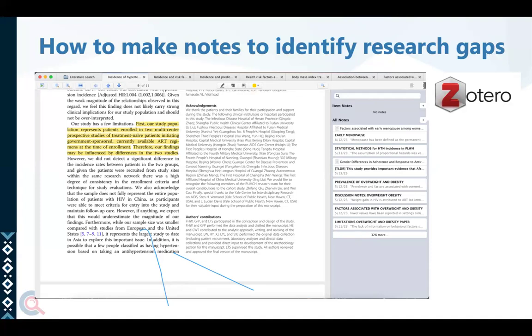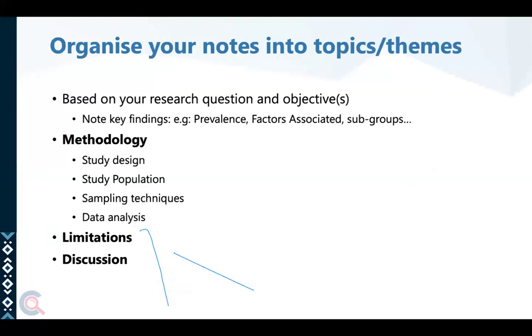So what I'm highlighting here is that you should use referencing software very well to read papers, take notes, group your gaps, identify them, highlight them, and link them so that your study will be contributing by filling that gap. These are some of the different ways that you could highlight as you read papers. You read across papers, you take notes, you could have methodology where you just highlight the different study designs.